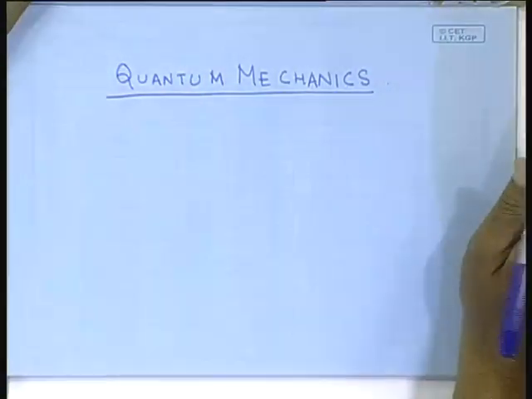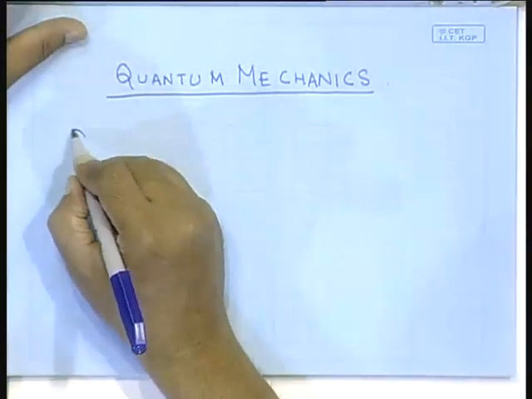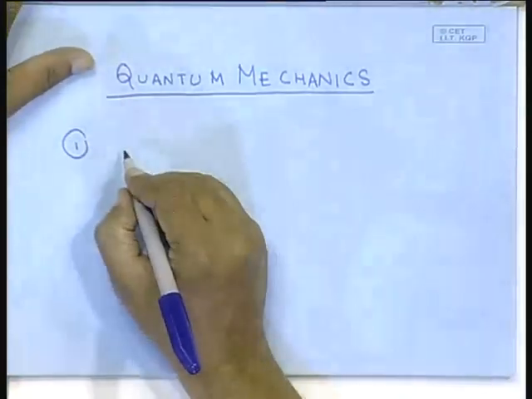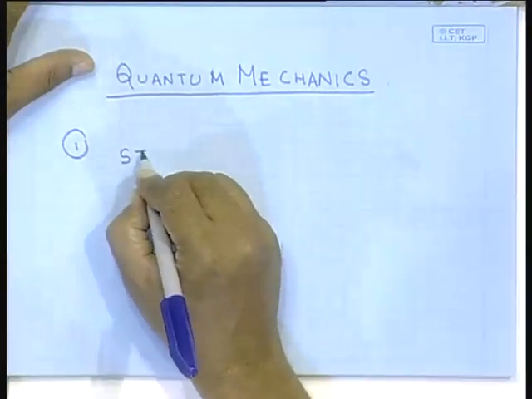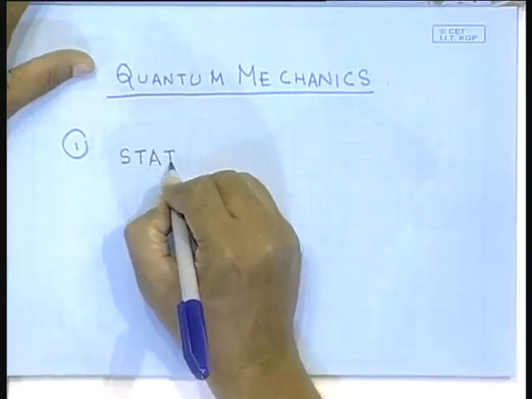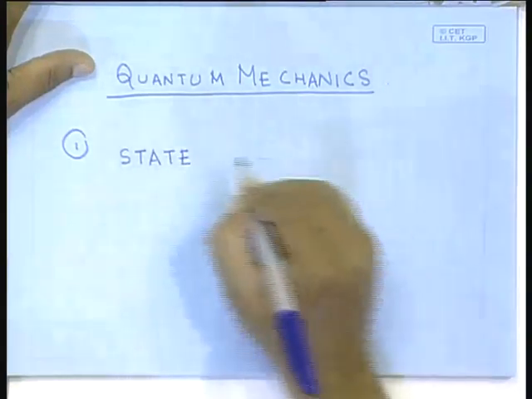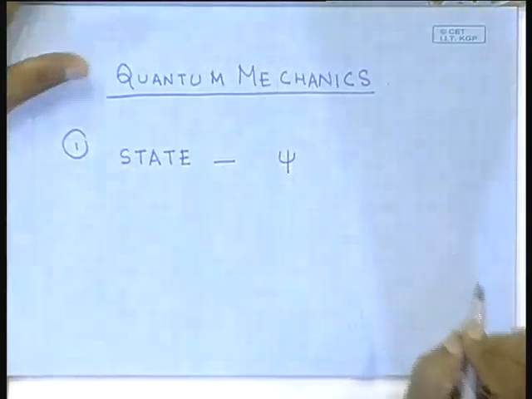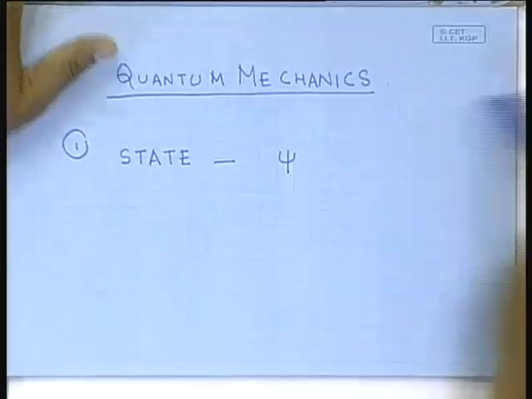And the first postulate of quantum mechanics, as I am going to present them to you, states that corresponding to every possible state of a particle, there is a different wave function psi associated with it. An electron, for example, could be in one of many different possible states, and at any given time it could be in one of them.